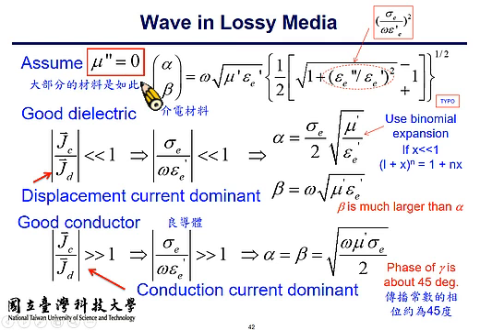And for most non-magnetic material, the mu double prime term is 0. Okay, so the alpha and beta for the propagation constant. This is the analytical solution of alpha and beta.